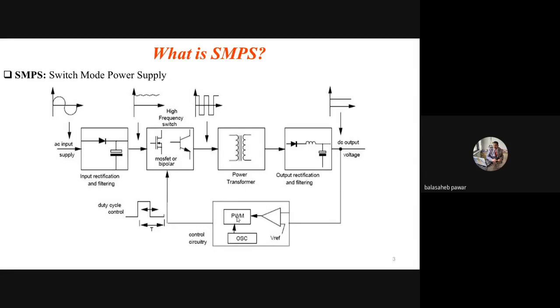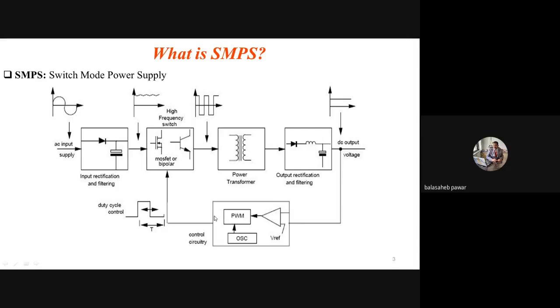Or in general, we can say that an op-amp can be used as a PWM generator. So today, how that op-amp can be used as a PWM generator, that session I will conduct during my practical hours. Okay.